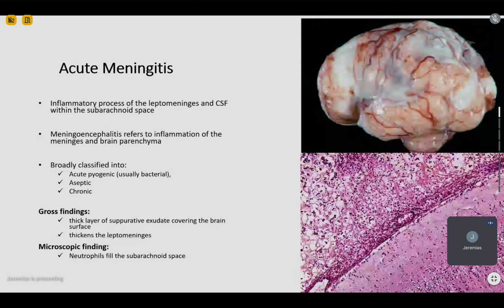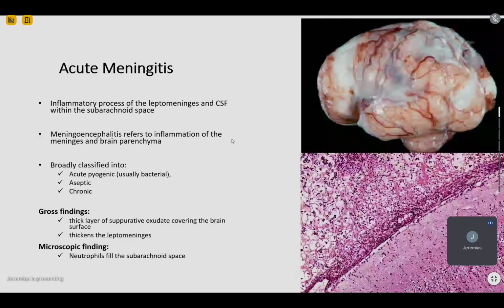So this picture shows a brain which is partly covered with pus. Under the microscope, we can still see this one portion of the meninges. So this is the brain tissue.